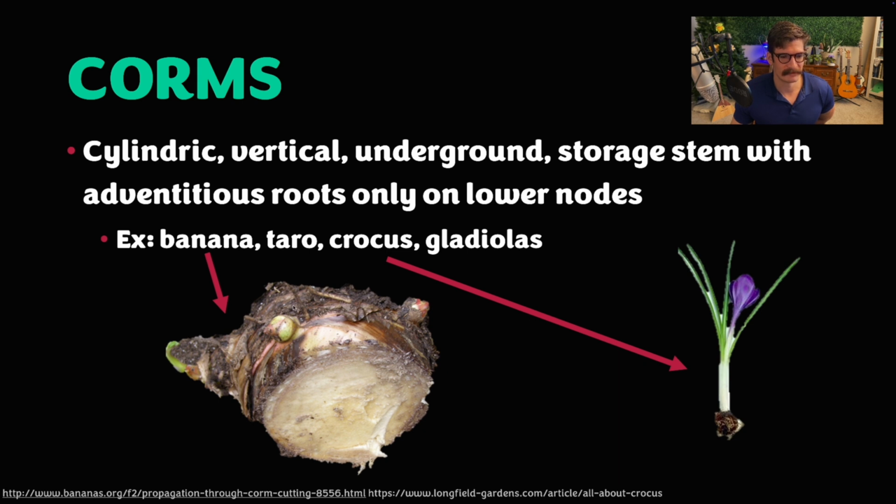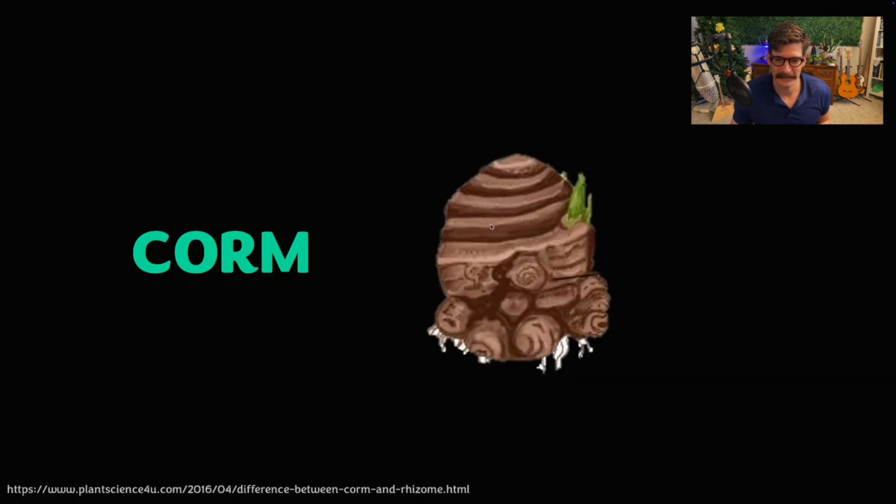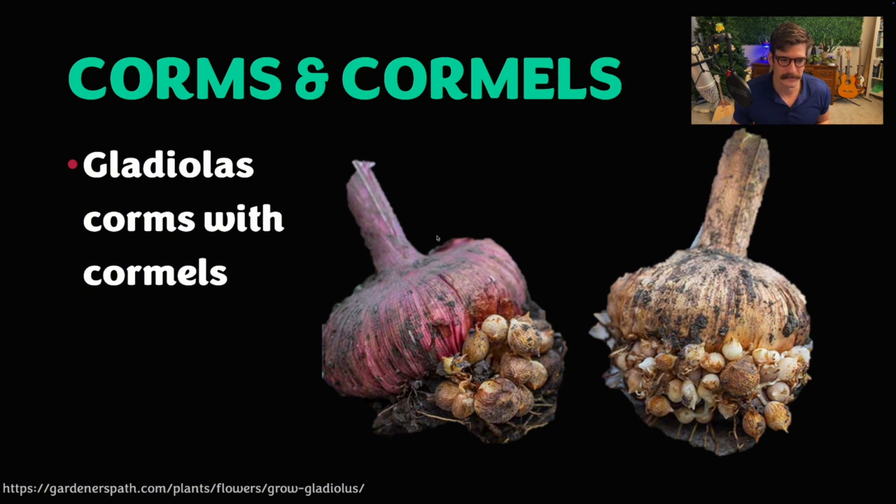They have underground stems that are compressed, and so everything they shoot up are just leaves. So banana tree, all the things you see are just leaves. This is the stem underneath. It looks like this, and then it grows up from there. Corms can make little baby corms called cormels. Isn't that cute? The cormels.